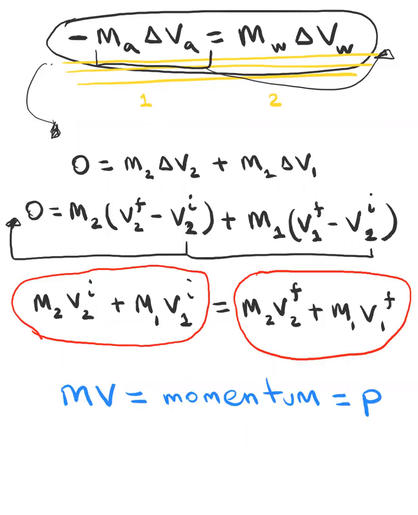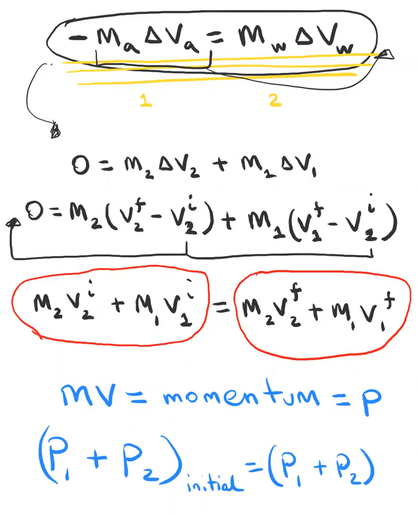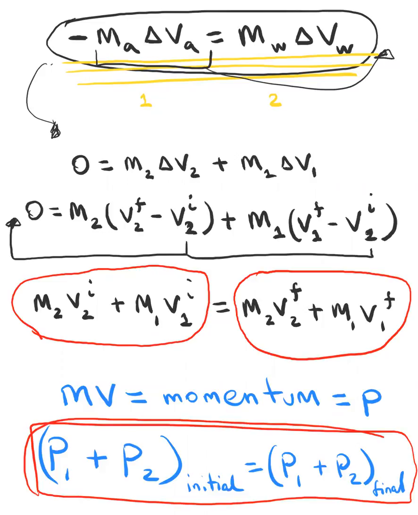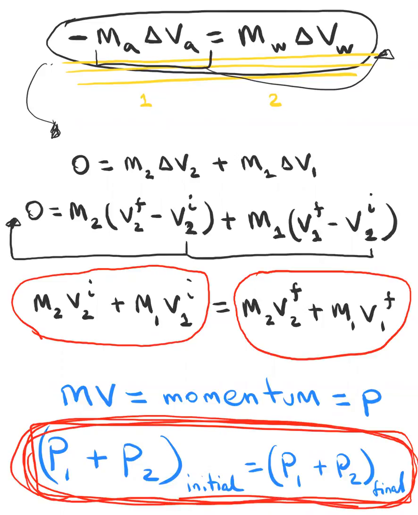Then I can write that the momentum of particle 1 plus the momentum of particle 2 in the beginning, initial, is equal to the momentum of particle 1 plus the momentum of particle 2 at the end, the final. And this means that momentum is conserved. When you have interactions, things change, velocities change, objects may exchange energies, but whatever happens, the numerical value of the total momentum always stays the same.